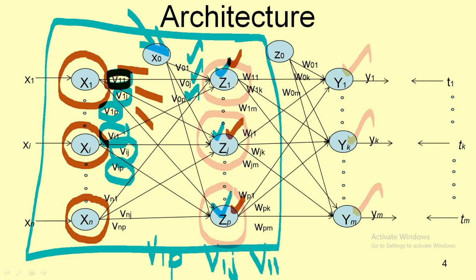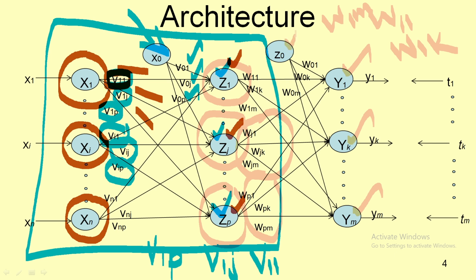So the node z1 connected to the node y1 will have the weight connection w11. The node z1 connected to the node yk will have the weight value w1k. The node z1 connected to the output node ym will have the weight value w1m. So accordingly you can take all the other nodes of the hidden layer also, zj, zp and their corresponding weights, right?